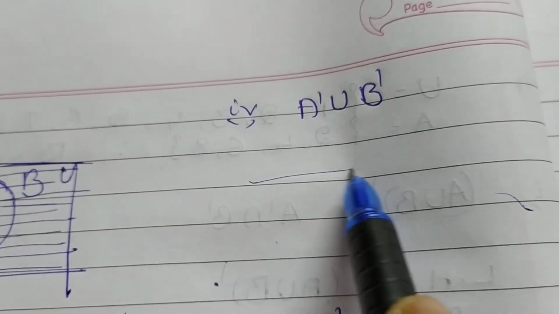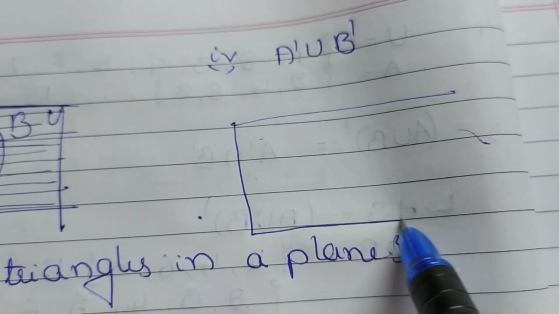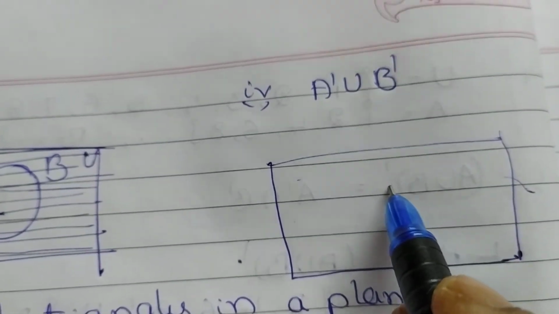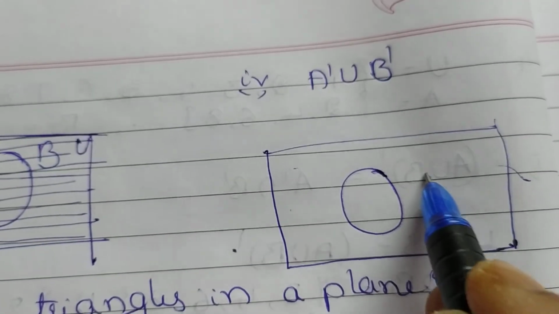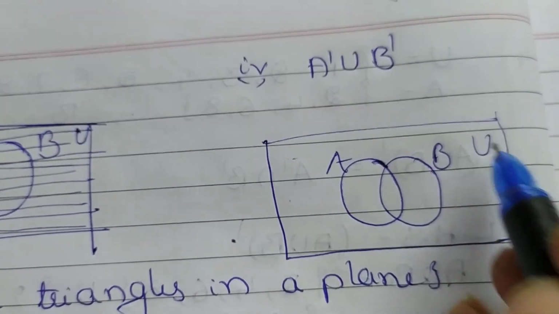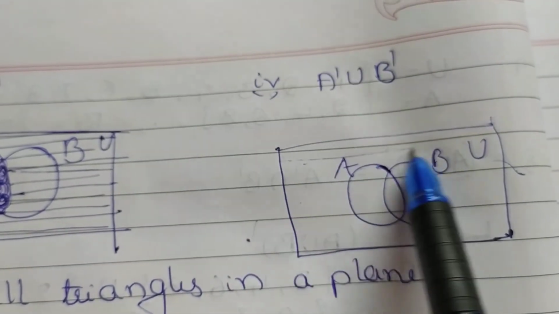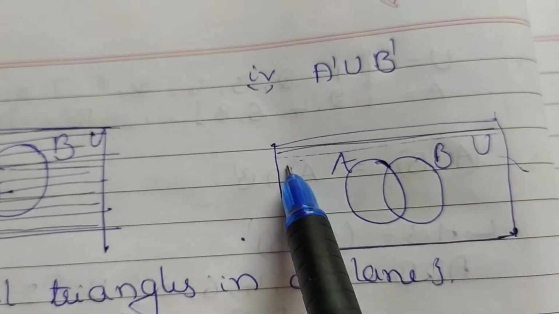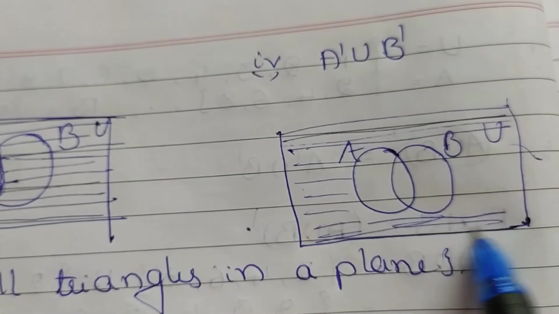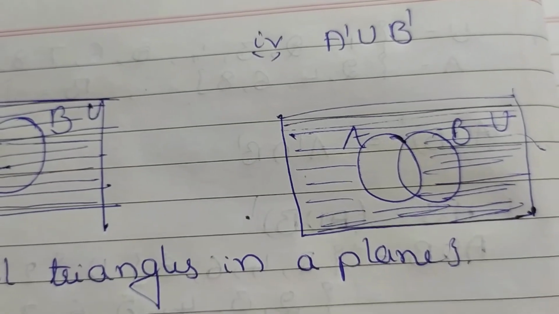Now we should see A complement union B complement. So see here, A, B, and this is the universe. A complement means other than A, whatever is there. This is all of it. Then union B complement.